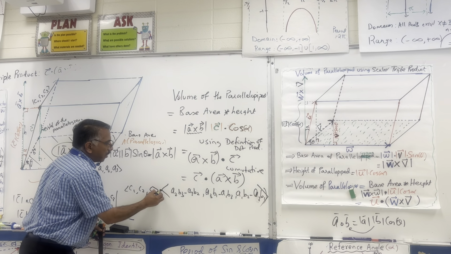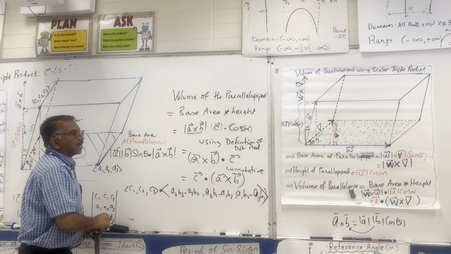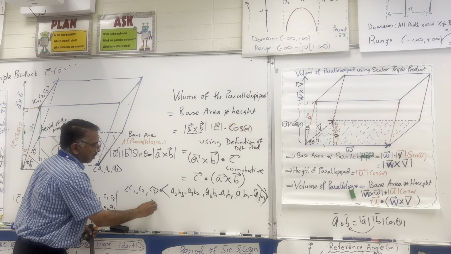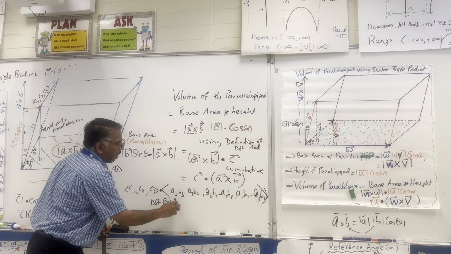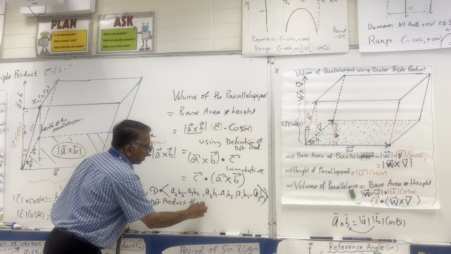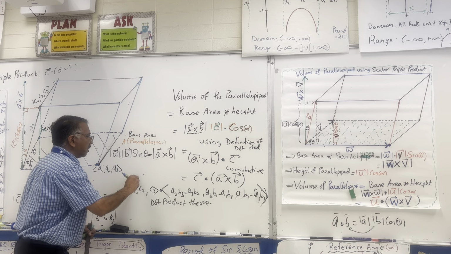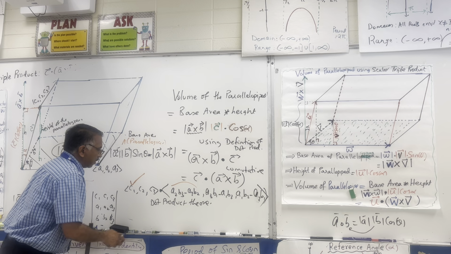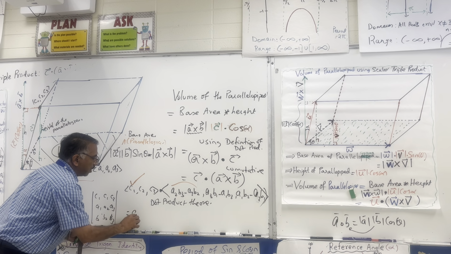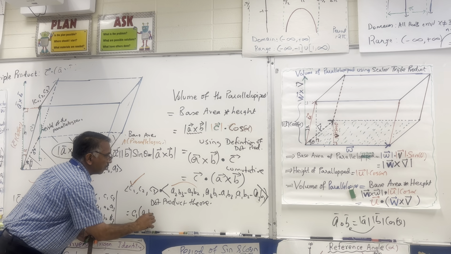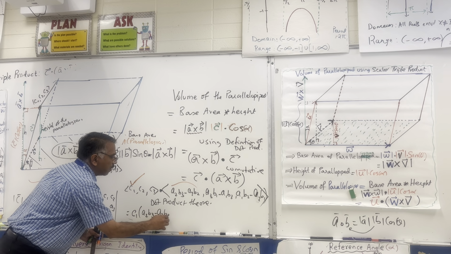And when you talk about the dot product, here I'm using the dot product theorem. So what is that? You just have to multiply the first one to the first one. So it is C1 multiplied by A2 B3 minus A3 B2.